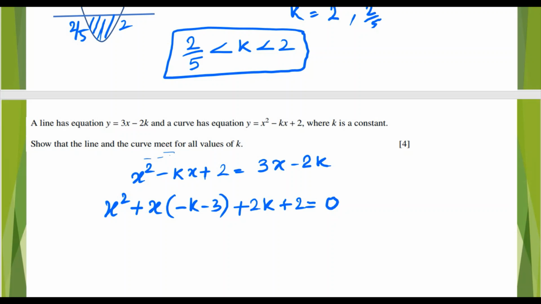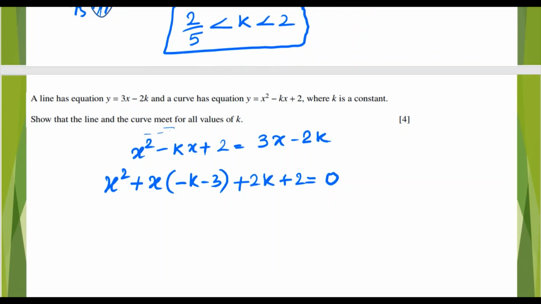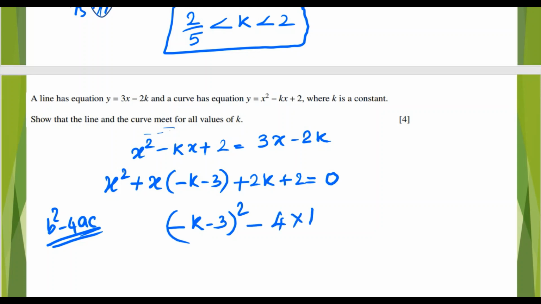Find out b squared minus 4ac: (minus k minus 3) the whole squared minus 4 multiplied by 1 multiplied by (2k plus 2).